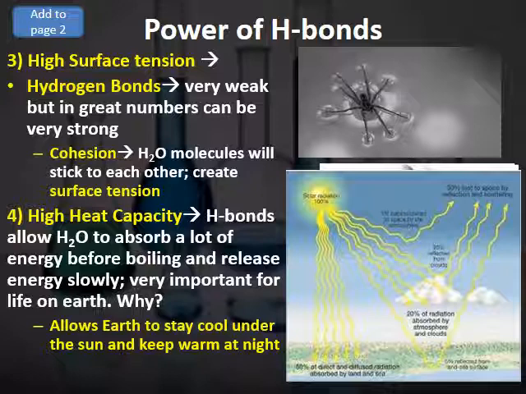If we didn't have water having this property, if we didn't have water in our atmosphere, we would have daytimes and nighttimes similar to the planet of Mercury. So in Mercury, when the sun is hitting the side of the planet, the strength of the sun rays is so strong that we're getting temperatures that are in thousands of degrees.